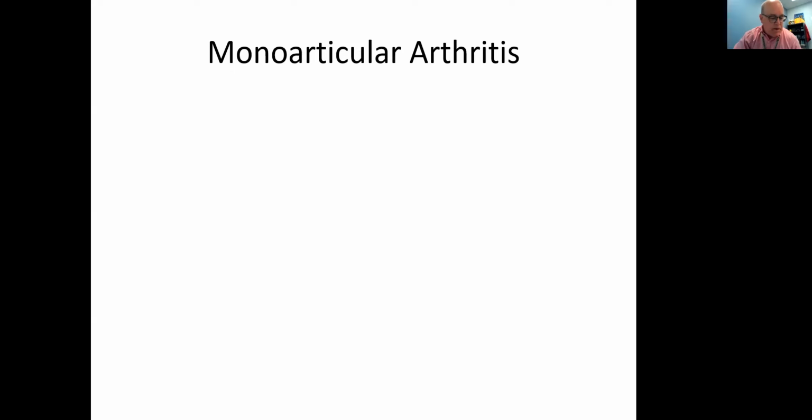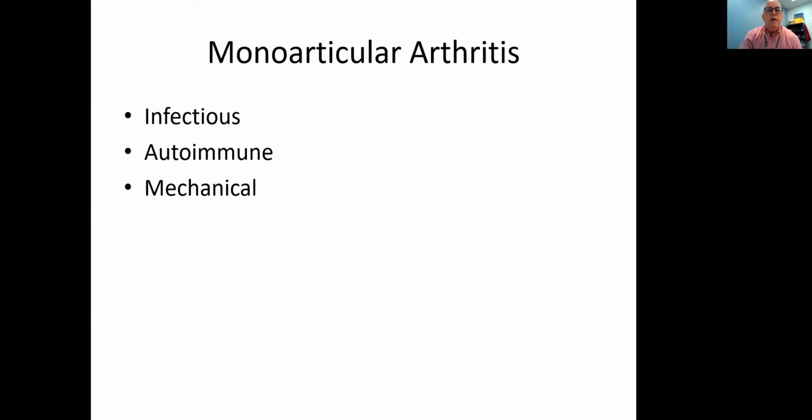When a patient has a monoarticular arthritis, what are the most common causes amongst infectious, post-infectious, autoimmune, mechanical, and neoplastic? Infectious, autoimmune, and mechanical are the most likely. Much less likely are post-infectious and neoplastic for monoarticular with arthritis.